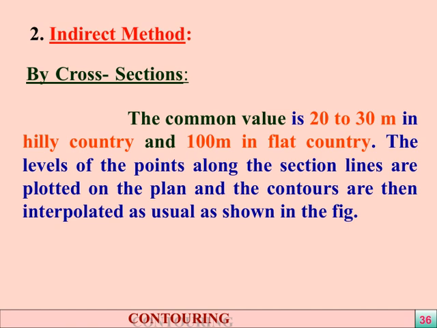This method is especially useful in difficult terrains or large projects, where direct contouring might be impractical or too time-consuming. So overall, whether we're working with hilly or flat terrain, understanding how to interpolate contours from section lines is a crucial part of accurate land surveying and mapping.